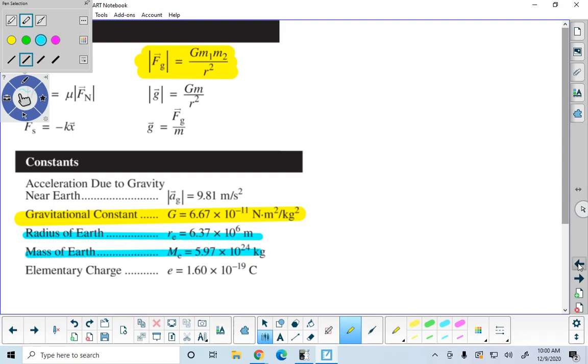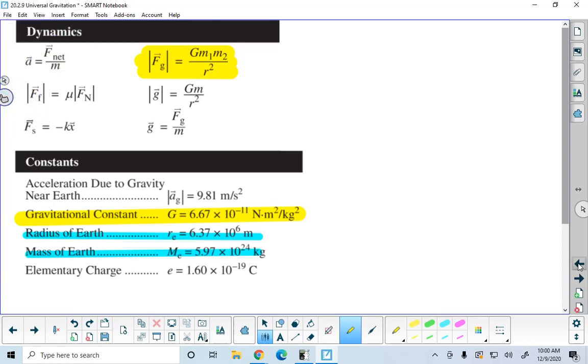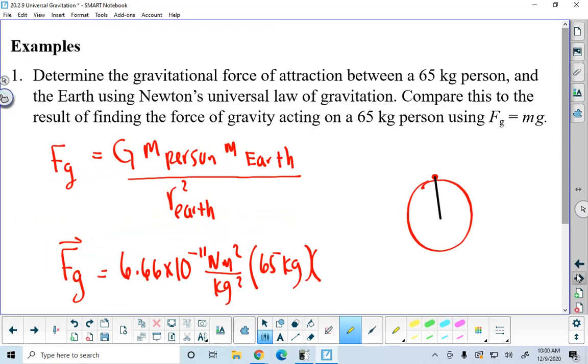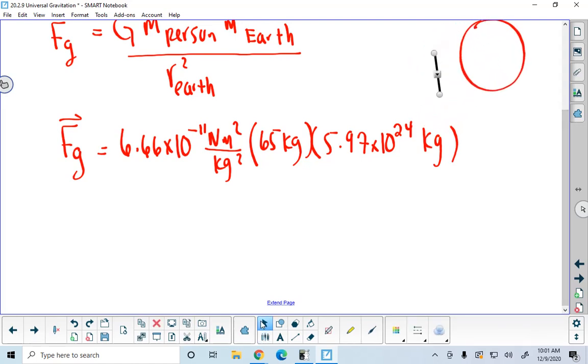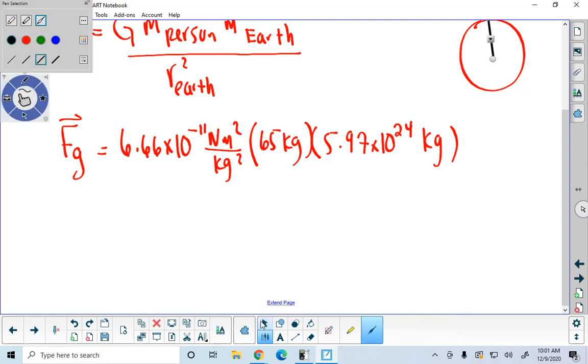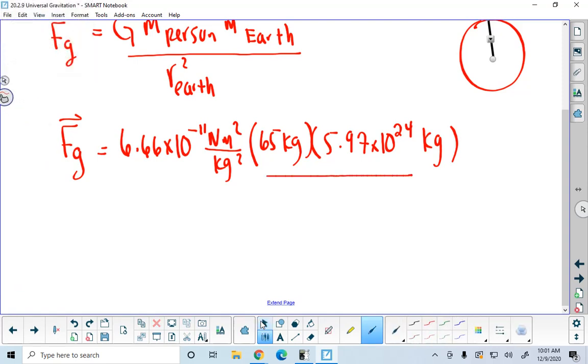So the mass of the Earth is 5.97 times 10 to the 24 kilograms. I'm pretty sure I remember what the radius of the Earth is, but I'll ask for verification from some of you. It's 6.37 times 10 to the 6 meters.